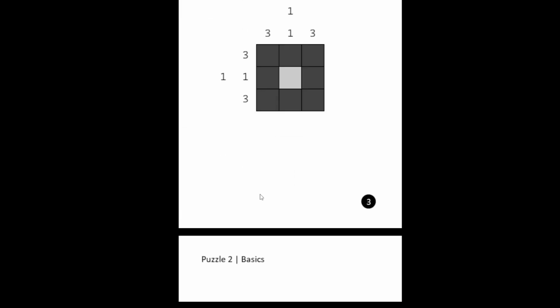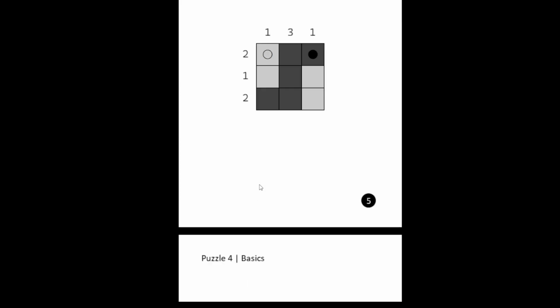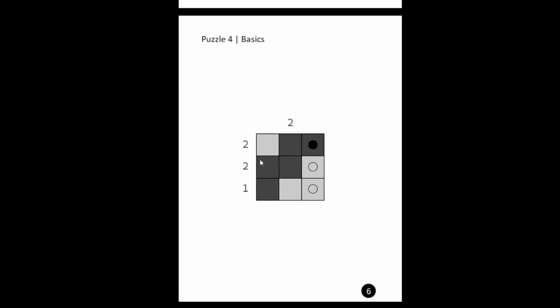Then the top left would always be black. That could be. So if the top left is black, then we have this. Yeah, that would kind of make sense.